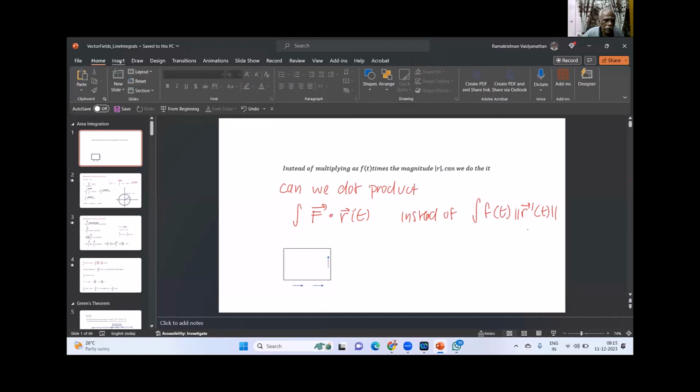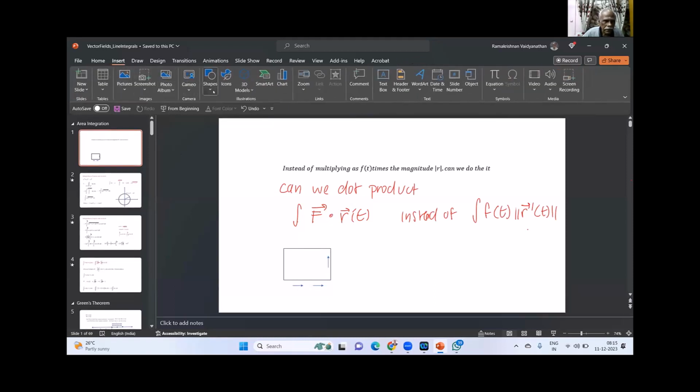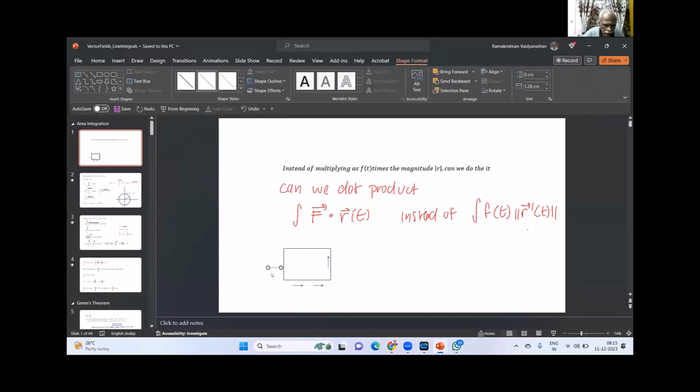Can I reach the same place this other way? This is the drawing you made. Clear? This is what the question is.